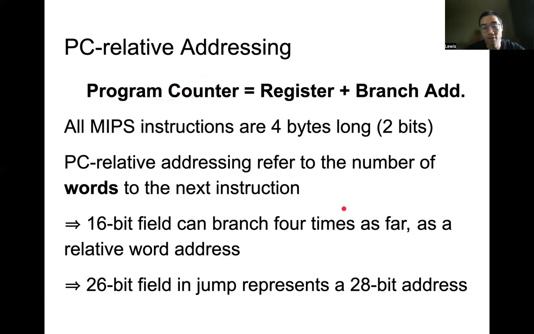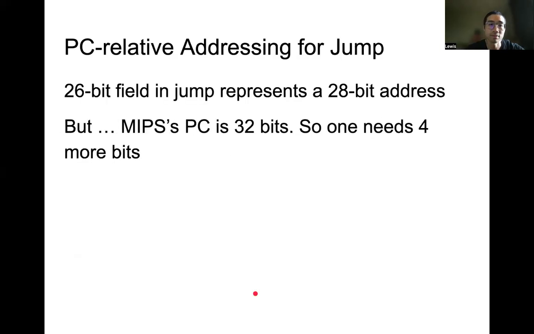So the 16-bit field can branch 4 times as far, because you have 2 more bits that you can specify as a relative word address. And remember that in the J-type instruction, we have 26 bits, and that is actually used as a 28-bit address.